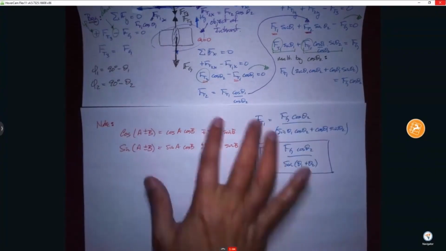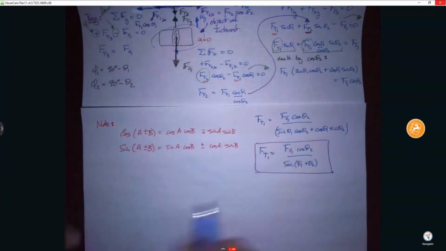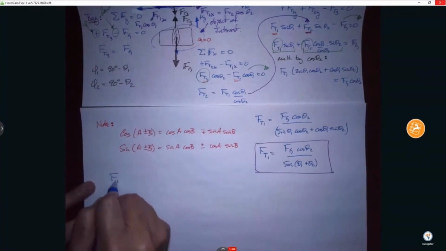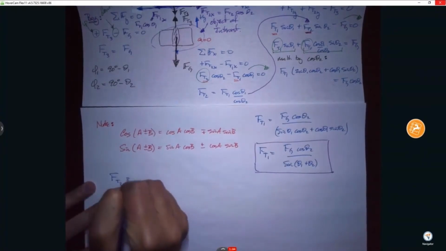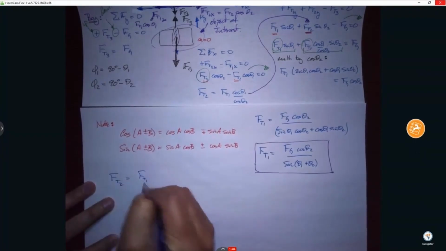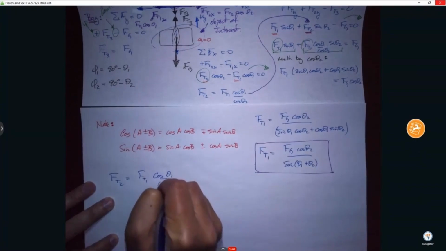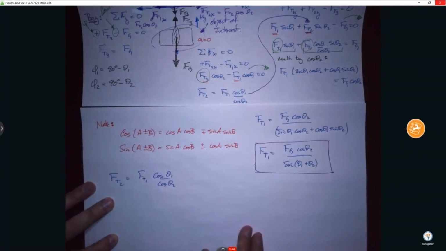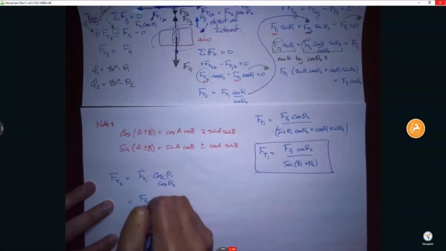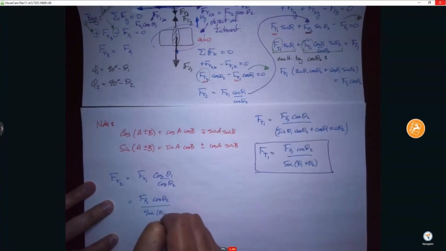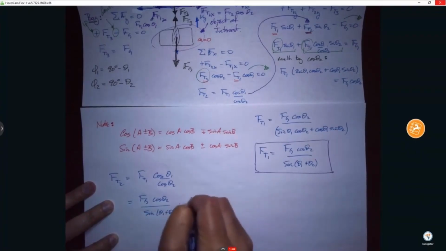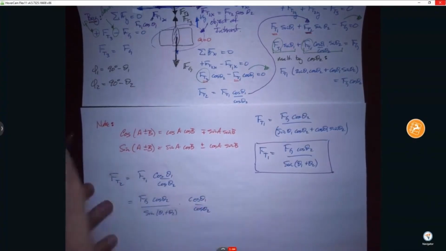It's not that hard. We would go back to this equation that we solved. And so then I get force tension 2. They didn't ask for it, so we technically don't need to do it, but it's kind of nice to practice. Okay. And so if I plug in what tension 1 was, this was force gravity cosine of theta 2 over the sine of theta 1 plus theta 2, times my cosine of theta 1 over the cosine of theta 2.